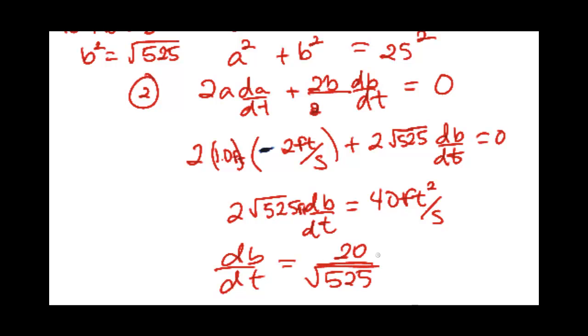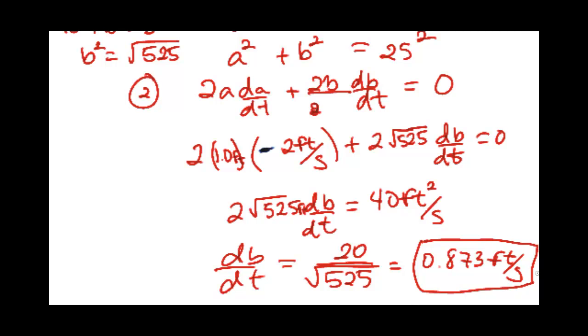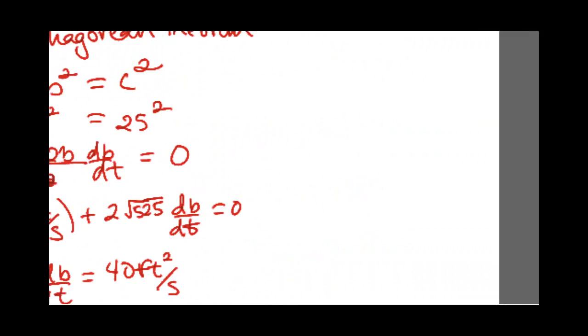Let's use the calculator. That gives you 0.873 feet per second. Okay, that's that. So, let's look at another example, final example.